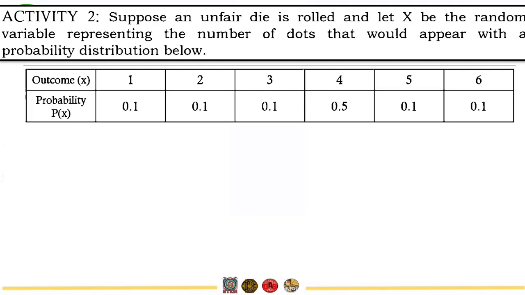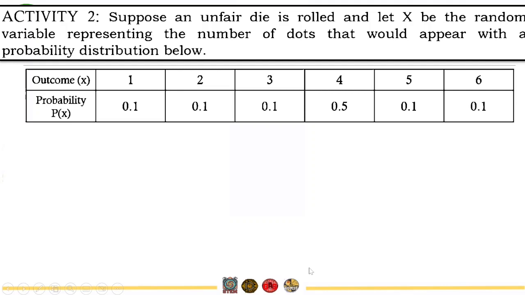So far in our previous discussions, when we talk about die, it is a fair die. But for this situation, the die is declared as an unfair die. Let's see the probability distribution table and why it is an unfair die.